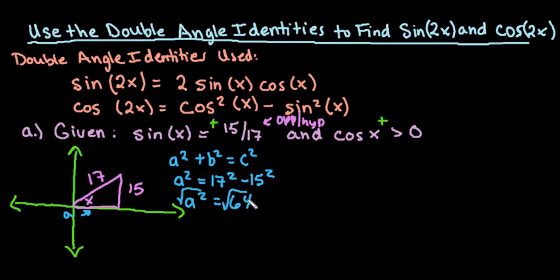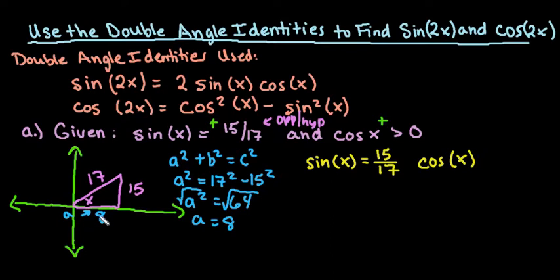And when we find the square root of 64, we end up with the adjacent side being 8. Okay, so now we know that sine of our angle, and your angle could be theta, it could be A, it could be B, there are a lot of different variants used, is 15 over 17, and cosine is going to be our adjacent over hypotenuse, which is 8 over 17.